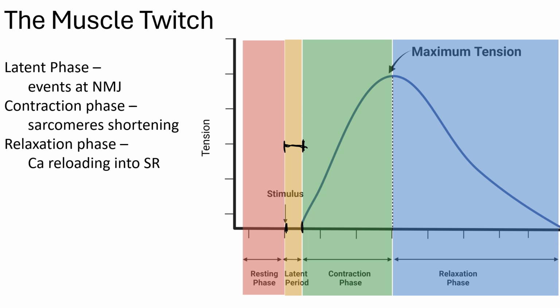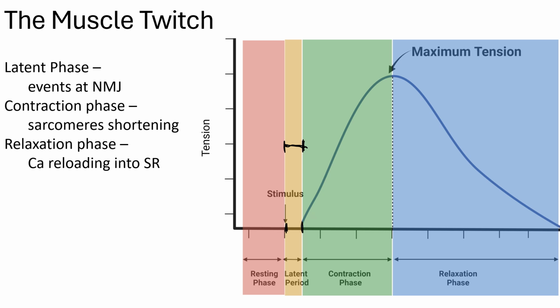This accounts for all of those events at the neuromuscular junction: exocytosing acetylcholine into the synapse, it diffusing across the synapse, it creating depolarization on the motor end plate. Those events take time, and the latent period accounts for that time.